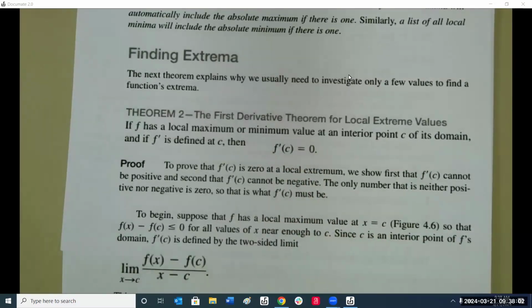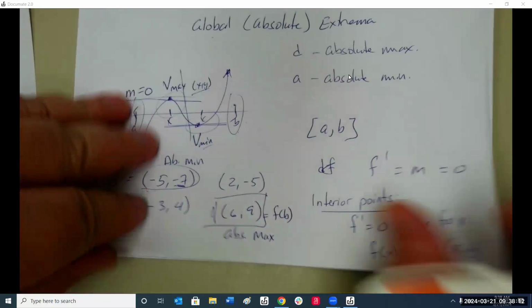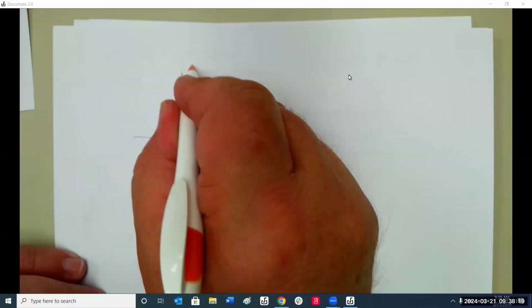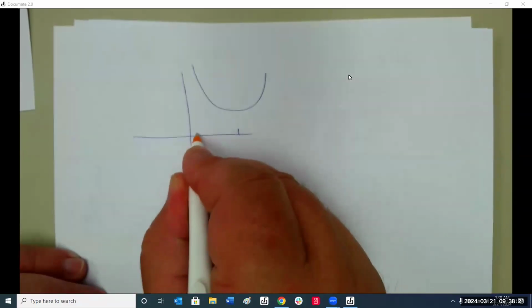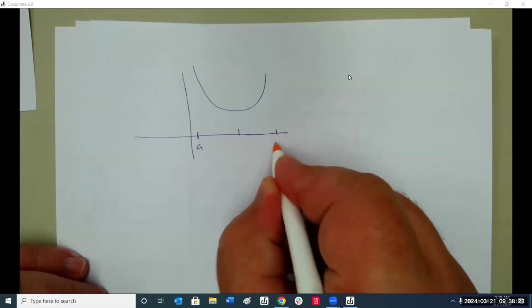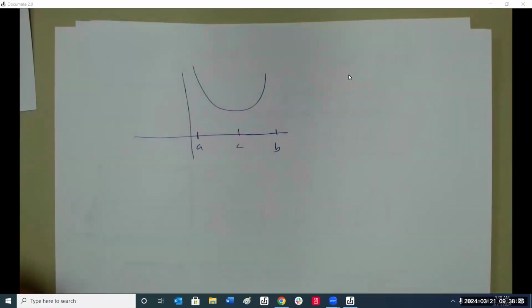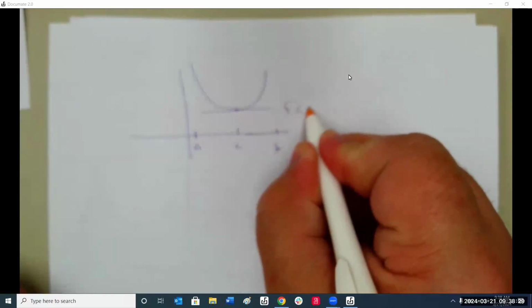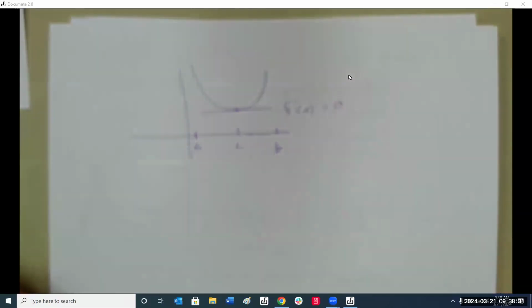Do we know if it's a maximum or minimum? Not until we check everything else. That's why you have to check the endpoints, because your graph, this is A, and this is B, and this is C. At C, my first derivative is equal to 0.